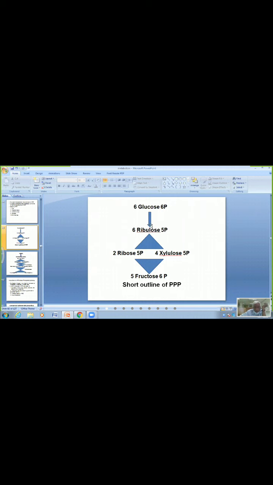This ribulose 5-phosphate is a keto sugar and a 5-carbon compound. So 6 molecules of carbon dioxide are produced, and 6 molecules of ribulose 5-phosphate. This is a pentose, and from this basic pentose sugar there is synthesis of 2 ribose 5-phosphate and 4 xylulose phosphate.